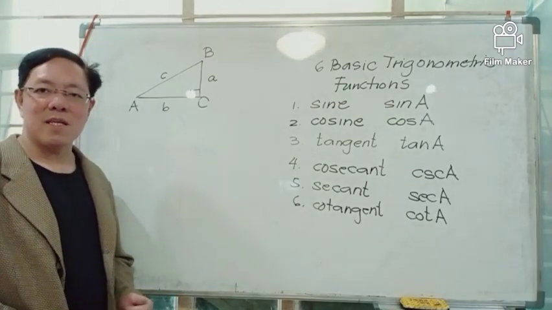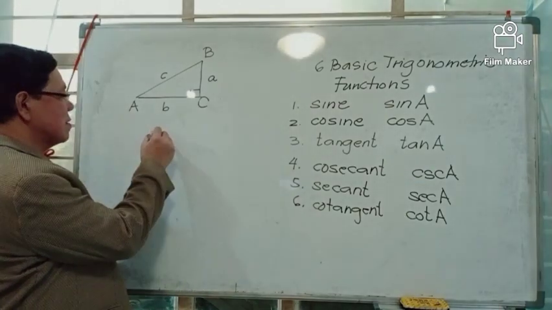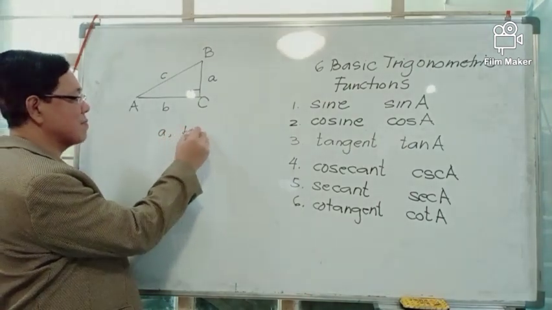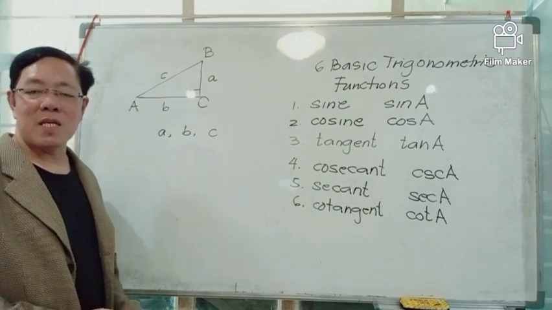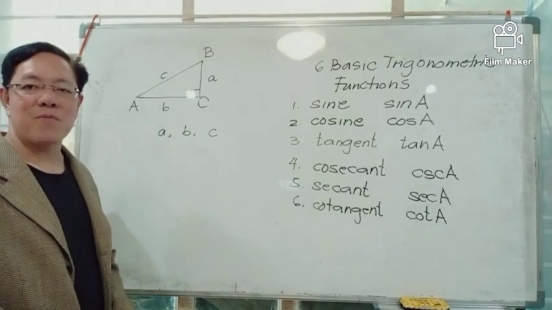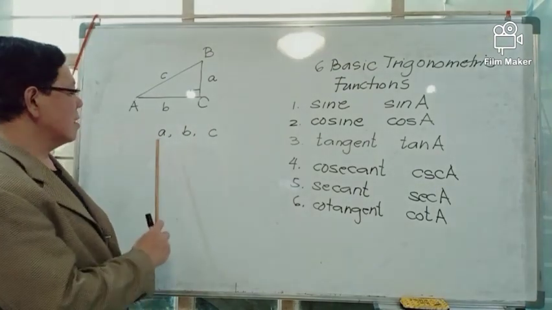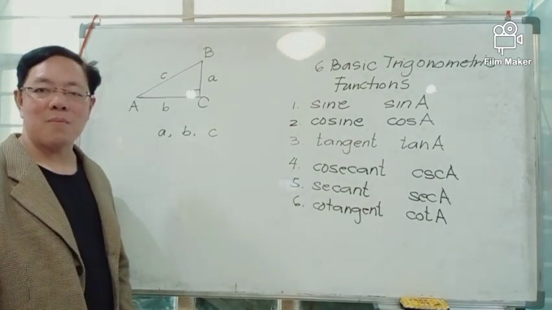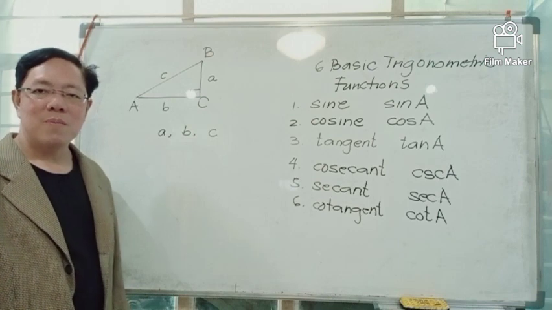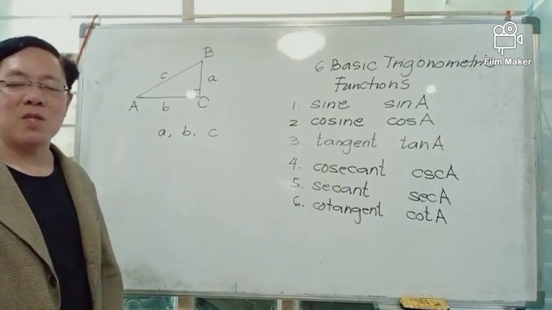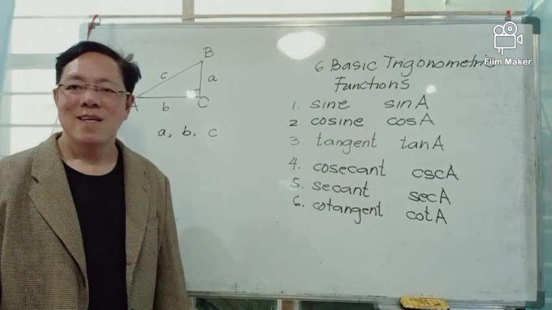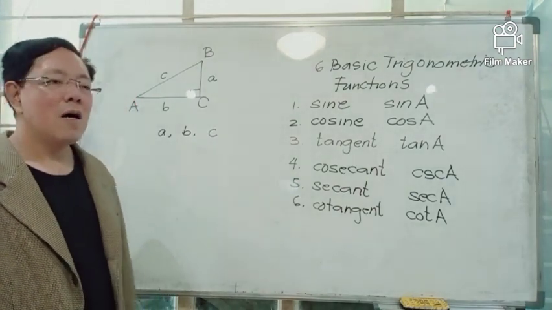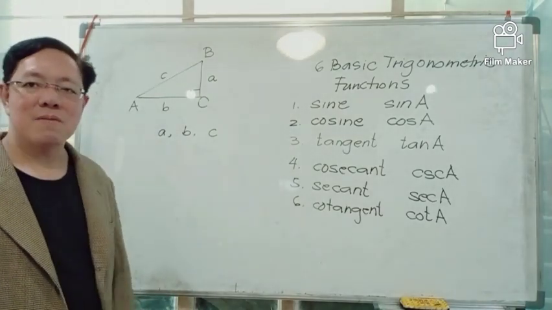For the first 3 ratios, we have to take 2 sides at a time from the 3 sides of a right triangle. So from these 3, we take 2 sides at a time to form a ratio, because a ratio is a fraction with numerator and denominator. And the numerator and denominator of this ratio are the sides of this triangle.